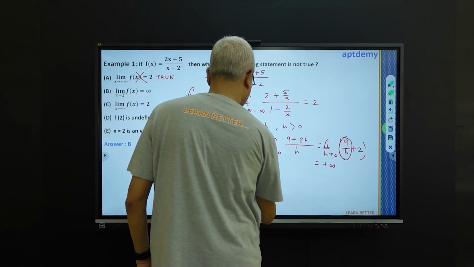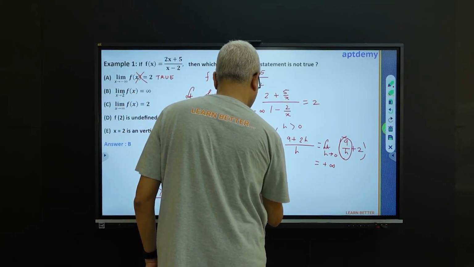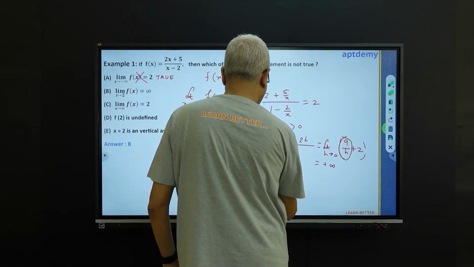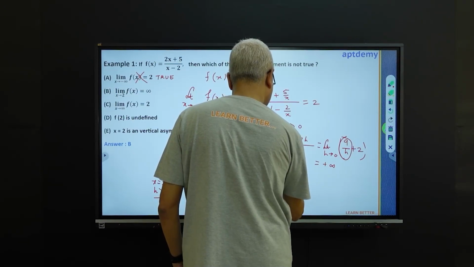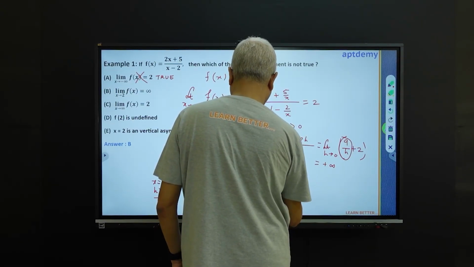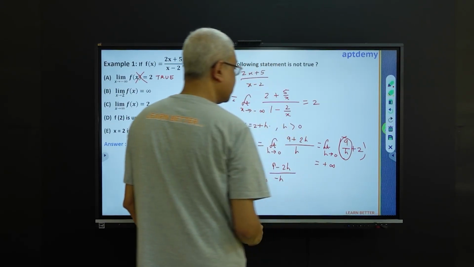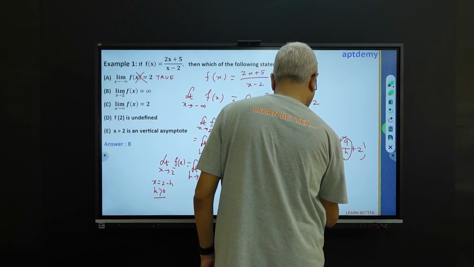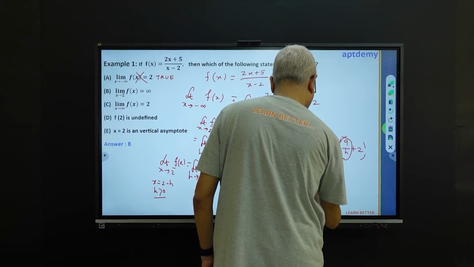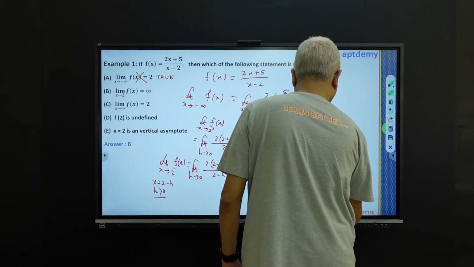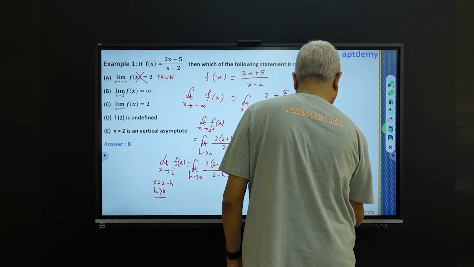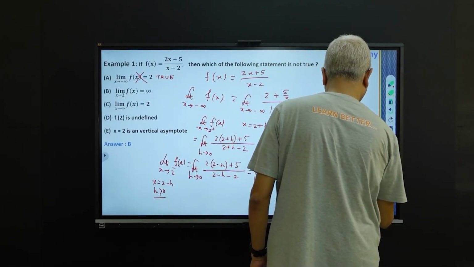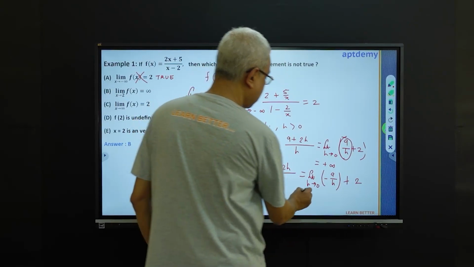So it is limit h tends to 0 of (4 plus 5, 9 minus 2h) divided by negative of h, which is negative of 9 by h plus 2. So it is basically negative infinity.